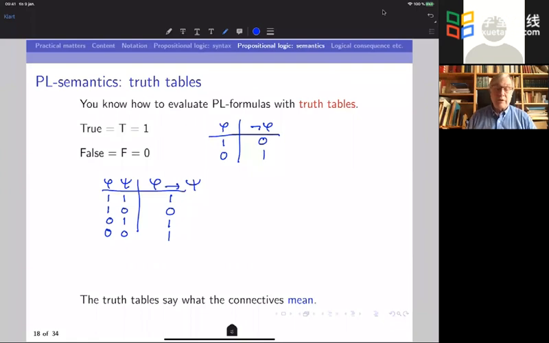And similarly for the tables for conjunction and disjunction and so on. So these tables actually tell you what the connectives mean. They tell you everything there is to know in propositional logic about what the connectives mean.